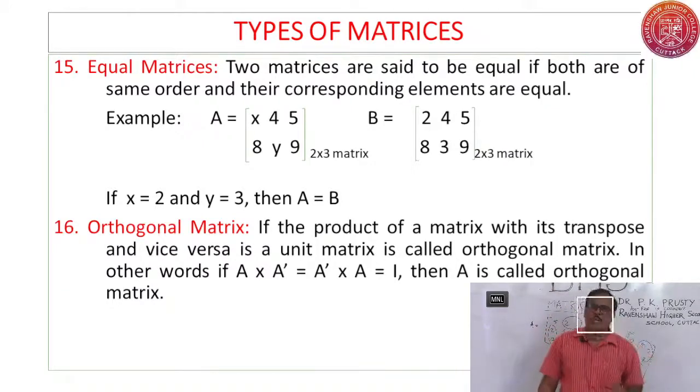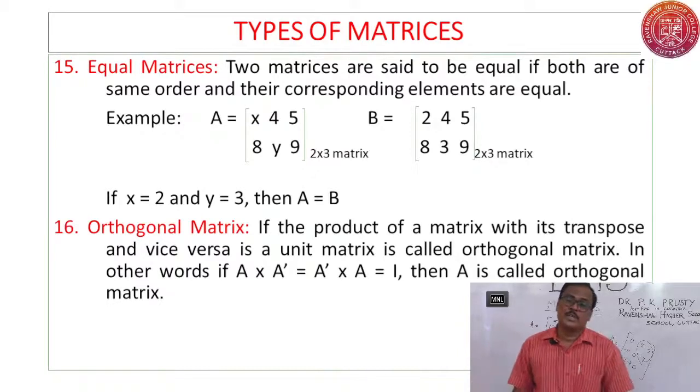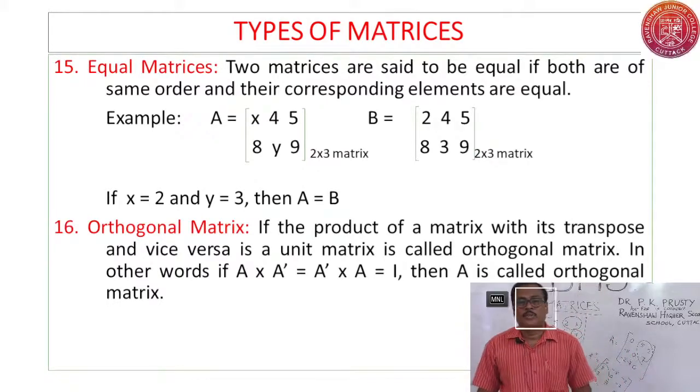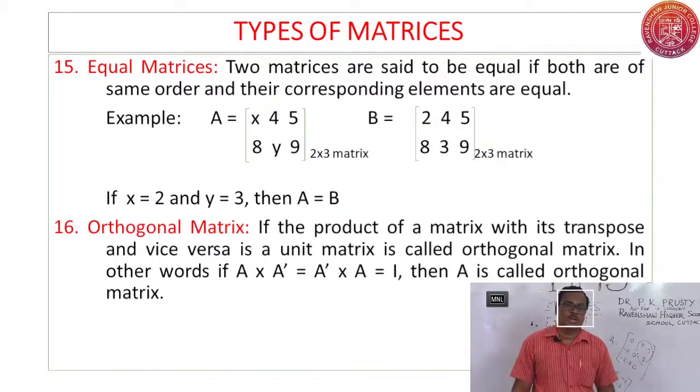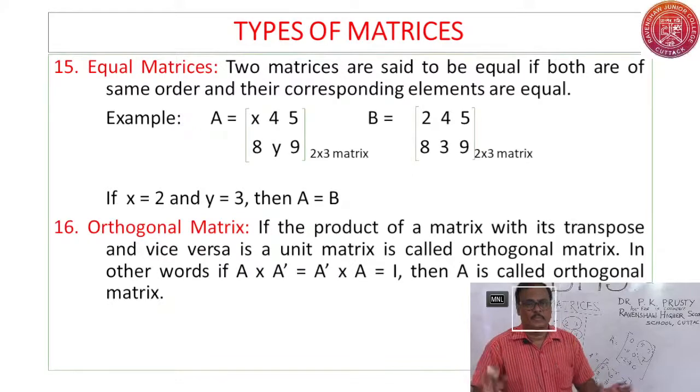So one original matrix is given, we multiply it by the transpose of that matrix, and if after multiplication we get the unit matrix or identity matrix, then we get an orthogonal matrix, or A into A dash is equal to A dash into A is equal to I.